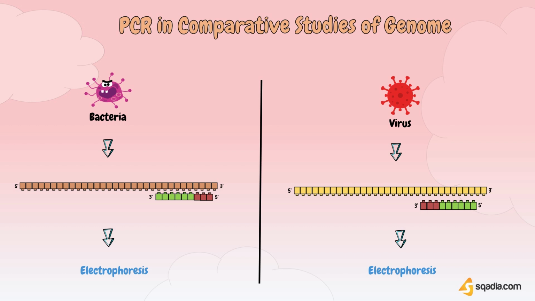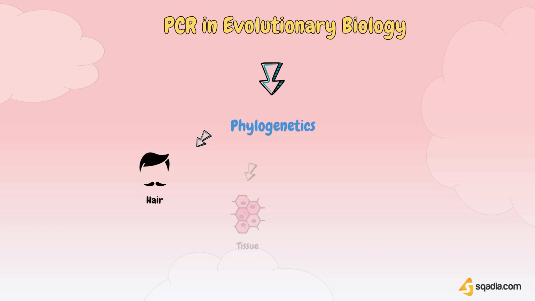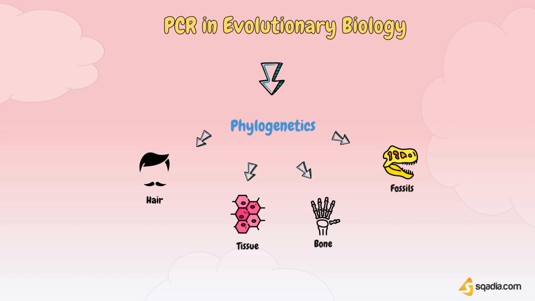Moving towards next application, and that is polymerase chain reaction is very important in the study of evolutionary biology, more specifically referred to as phylogenetics, as a technique which can amplify even small quantities of deoxyribonucleic acid from any source: hair, mummified tissues, bone, or any fossilized material.